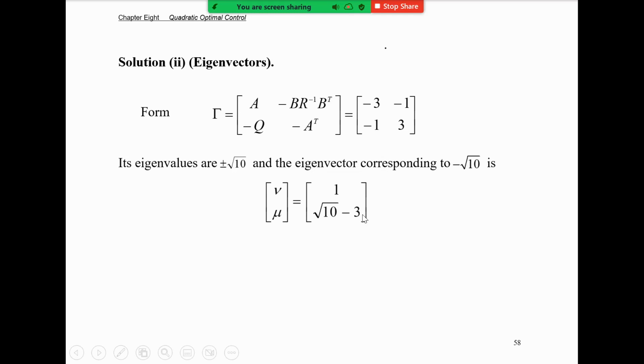Of course, you may wonder, hey, the eigenvector may be a multiple of 1, it's not just one solution.